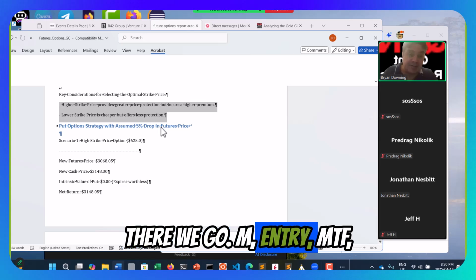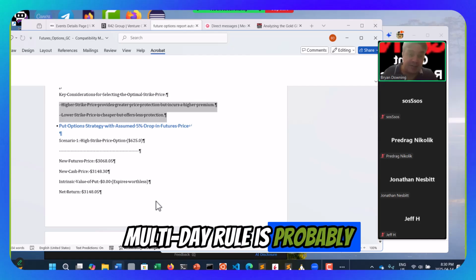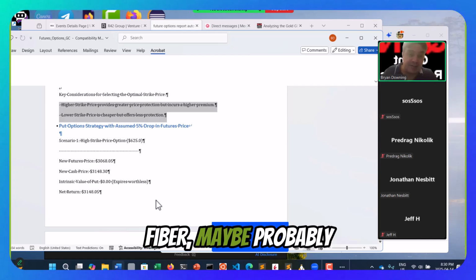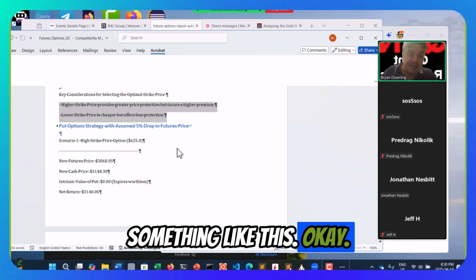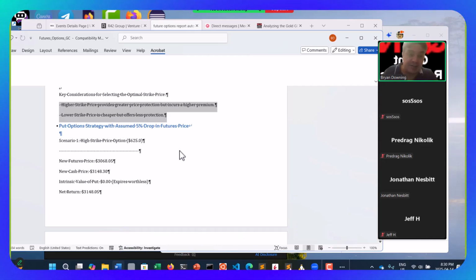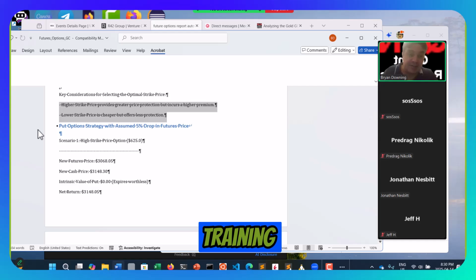Here we go, intraday VWAP, not multi-day. This looks like it's only live during the trading day.